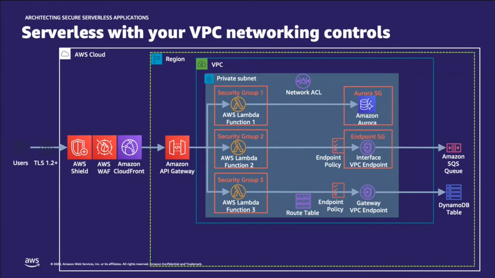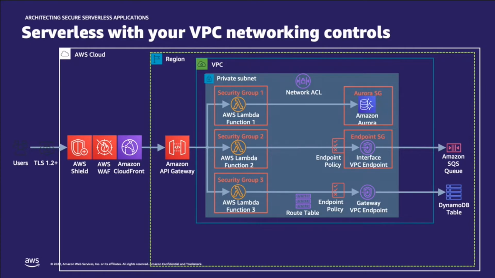And in this scenario, we have multiple different Lambda functions accessing a variety of different services. So we have Aurora with a security group. We have SQS, which is outside of the VPC. We have DynamoDB. So we are leveraging a gateway VPC endpoint, an interface VPC endpoint, and also a security group to access Aurora, which is in the same VPC.